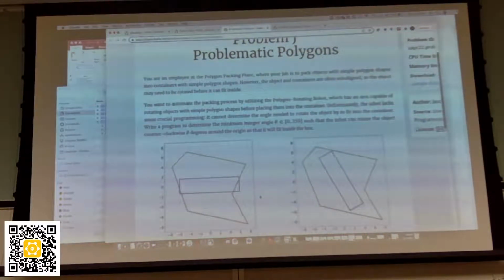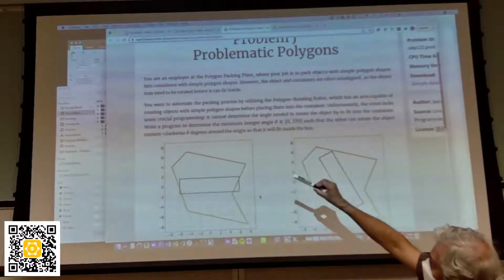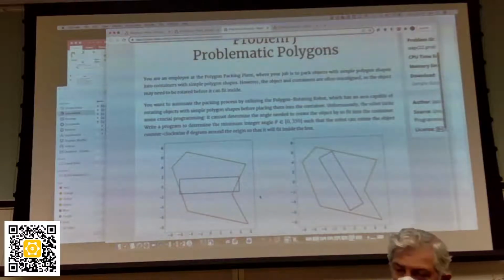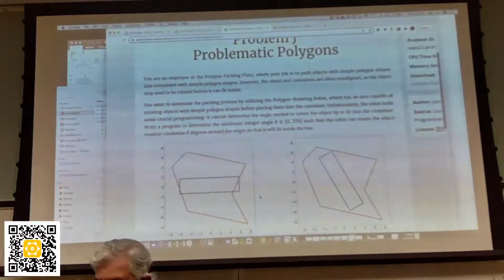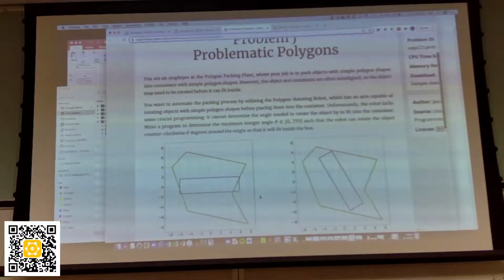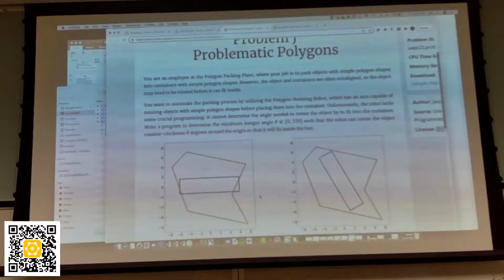Your job is to pack objects with simple polygonal shapes into containers with simple polygonal shapes. Yeah, no rectangles here. No freebies, unfortunately. Well, we could work with rectangles in C, because that's an easier problem and maybe it's more manageable.